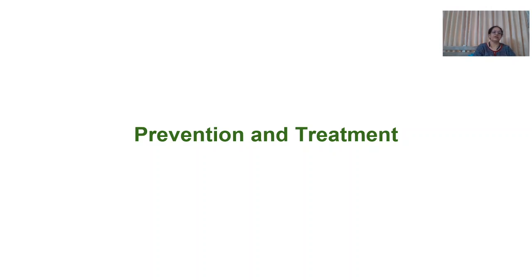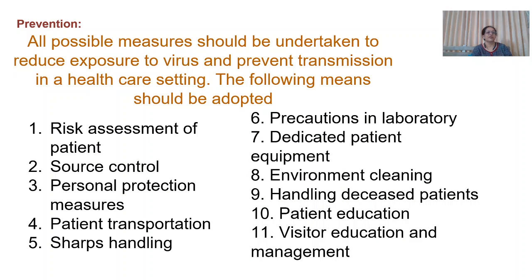In the next part, after laboratory diagnosis, we'll see prevention and treatment of the disease. So all possible measures should be undertaken to reduce exposure to the virus and prevent transmission in a healthcare setting. And here this list of various means should be adopted. First one is a risk assessment of the patient.